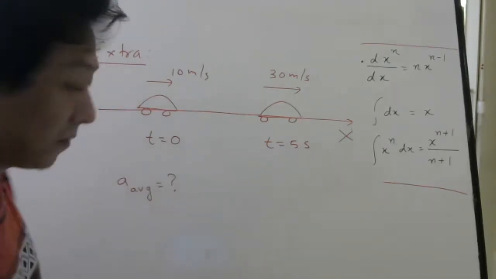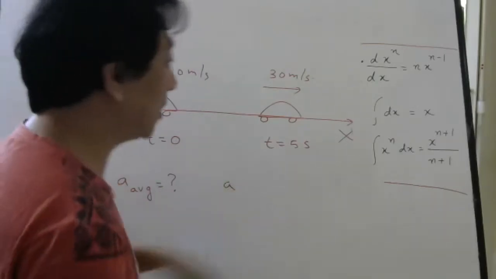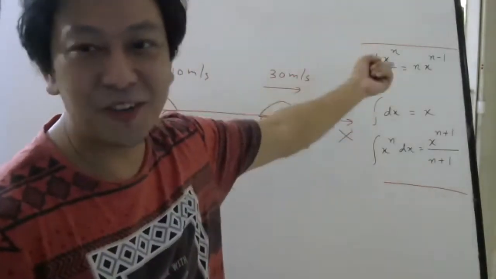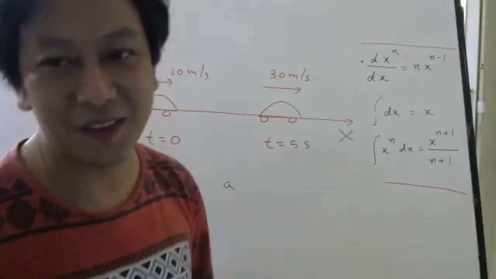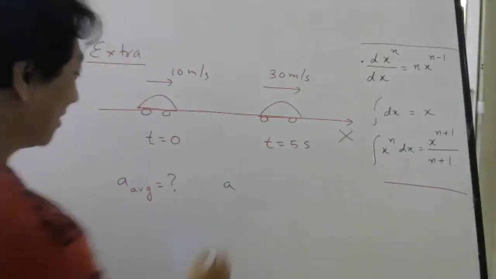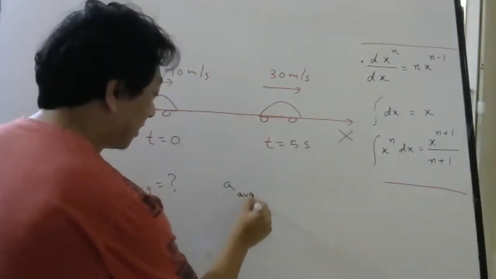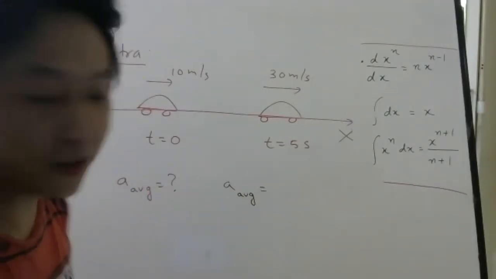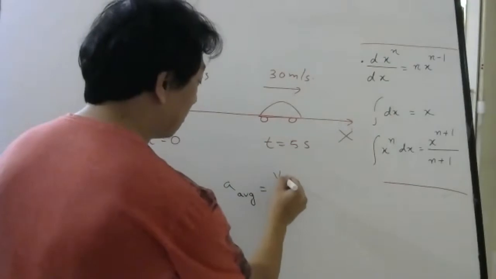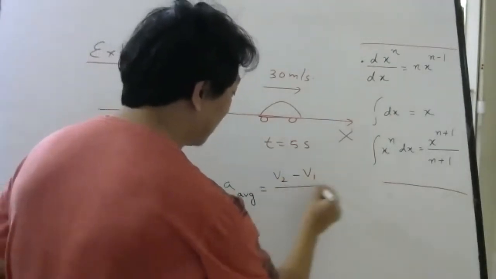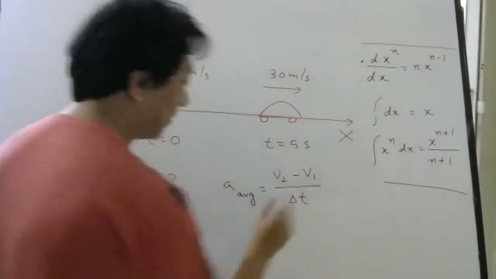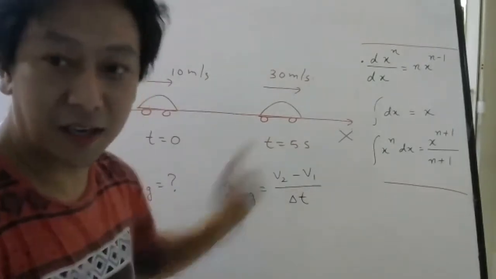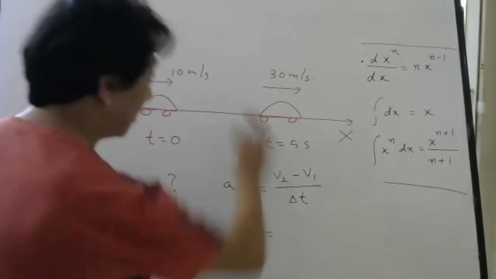Average acceleration. To calculate instantaneous, I have to use differentiation, which means a formula has to be given. So what will be average acceleration? What is the formula you are using? Final velocity minus initial velocity divided by time taken. What is final velocity? 30 this side.